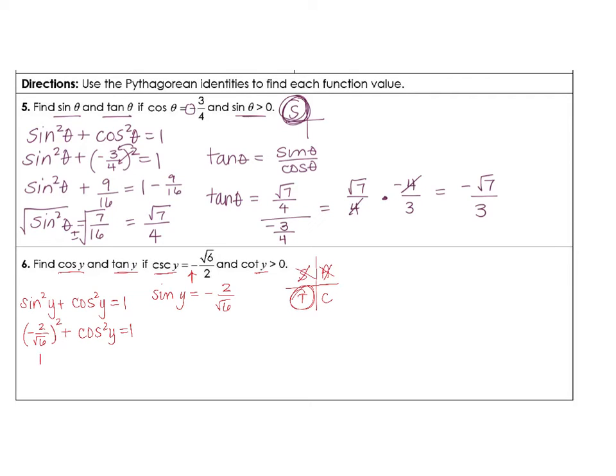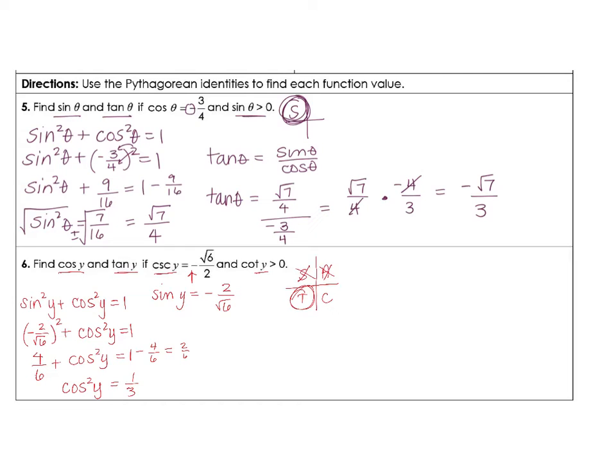And so if I square this, I have 4 over 6 plus cosine squared of y equals 1. And again, I would subtract over. And so I'm going to have 2 over 6 when I subtract 4 over 6 from 1. So that's going to give me 2 over 6, which is going to give me 1/3.